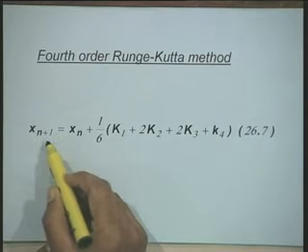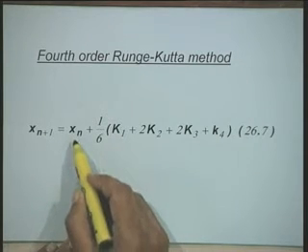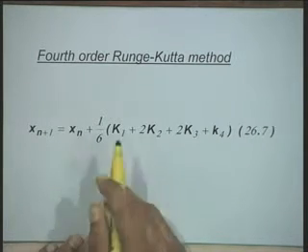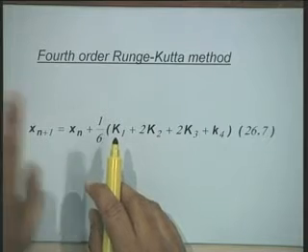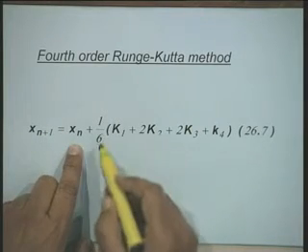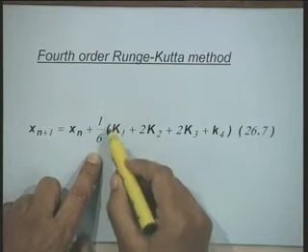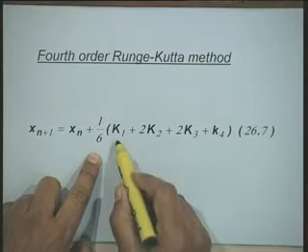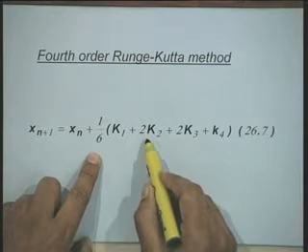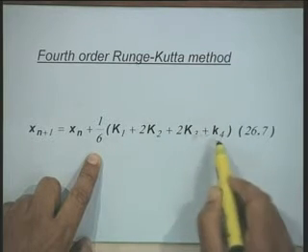Now, the algorithm for evaluating the value of x at the n plus 1th step is x n, that is the value of the variable at the previous step, plus 1/6 times this term, that is k 1 plus 2 times k 2 plus 2 times k 3 plus k 4.